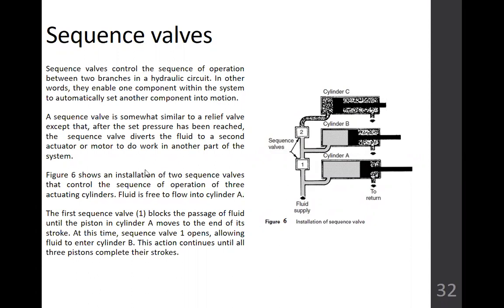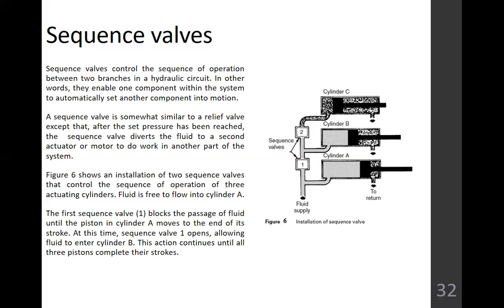A sequence valve is somewhat similar to a relief valve, except that after the set pressure has been reached, the sequence valve diverts the fluid to a second actuator or motor to do work in another part of the system. So figure 6 shows an installation of two sequence valves that control the sequence of operation of three actuating cylinders.